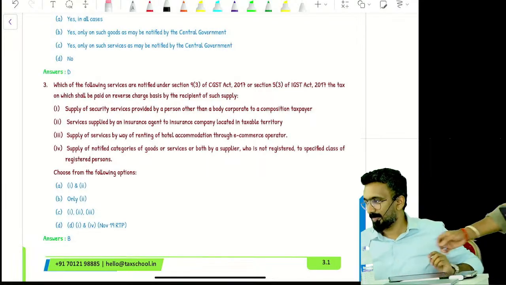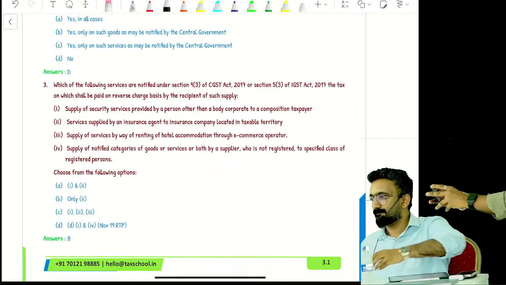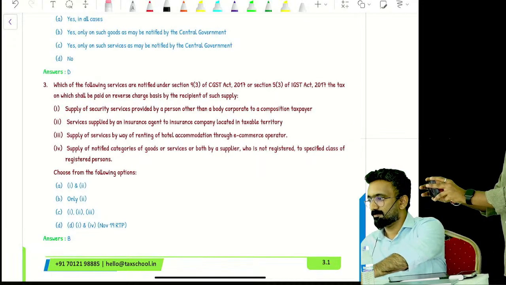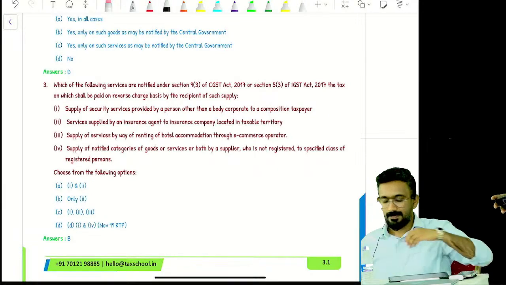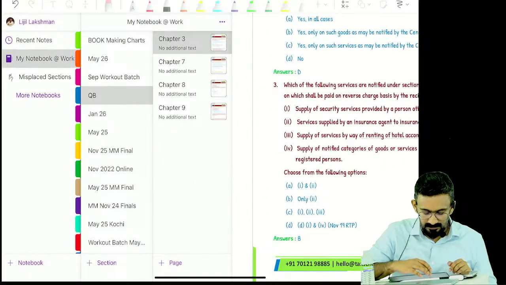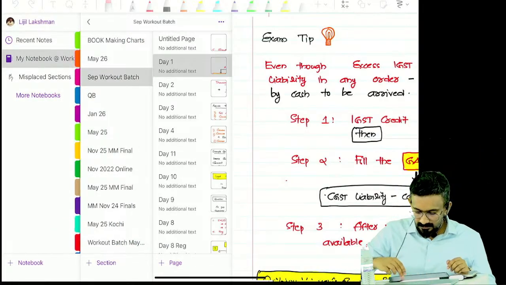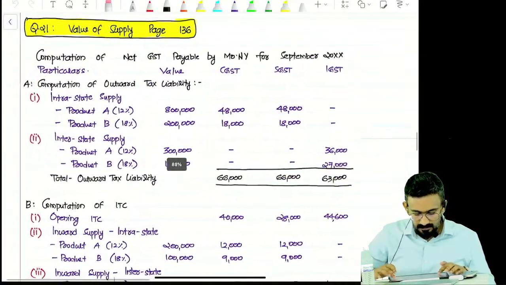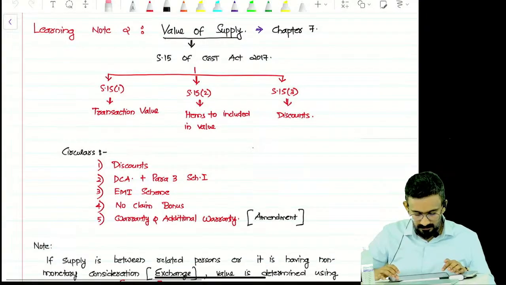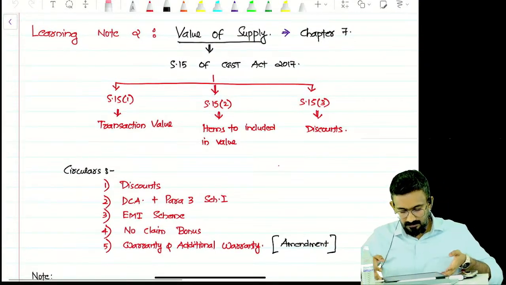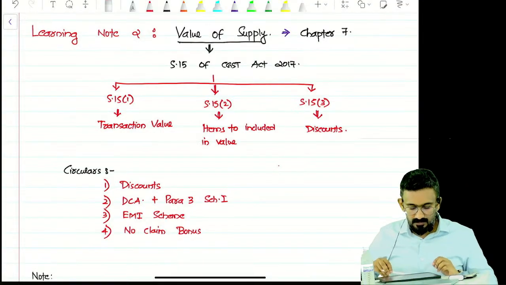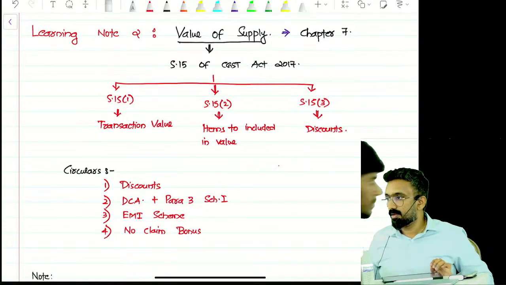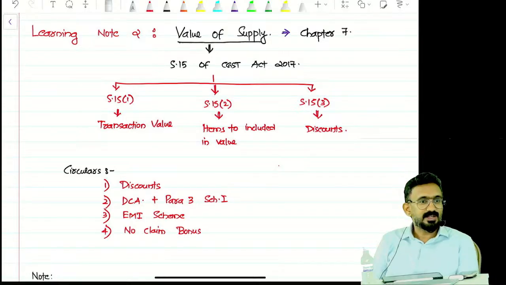Will we start? We are going to look at next.